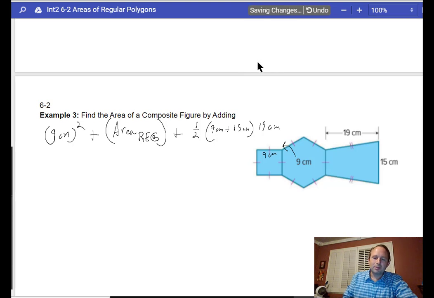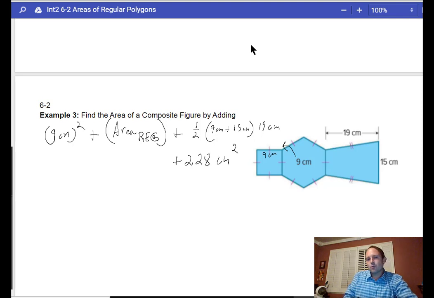So 9 plus 15 would be 24, half of 24 is 12, and 12 times 19 is 228. So this is equal to 228 centimeters squared. And this one would be 81 centimeters squared, and plus whatever this is.